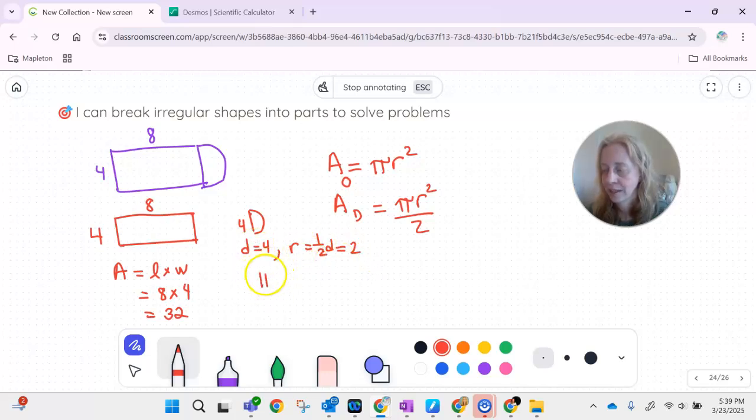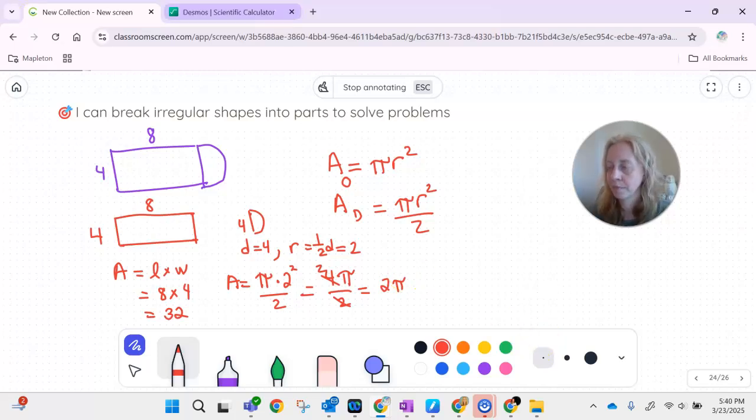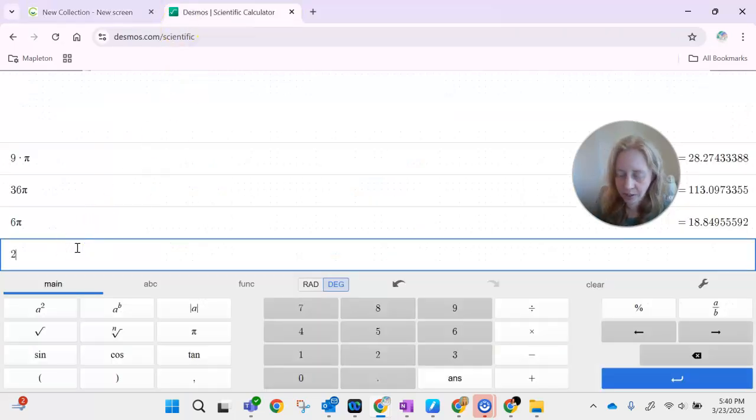So I can say the semicircle is pi times 2 squared divided by 2. 2 squared is 4, so it says 4 pi over 2. I can put that in my calculator, or I can reduce just a little bit more. I like to reduce a little more. And put this in my calculator, 2 times pi.